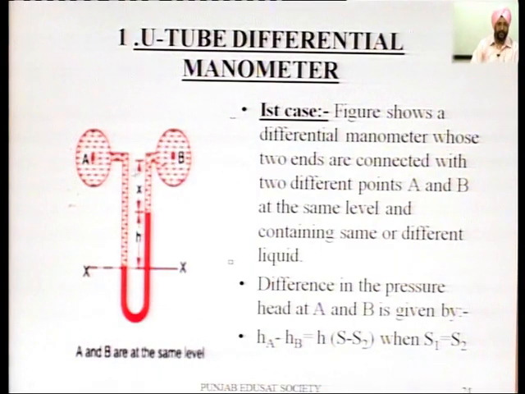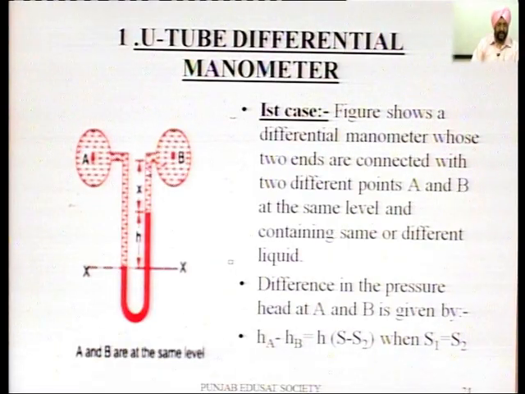In simple manometer, we have a tube and one part is open to the atmosphere. But here, in the case of differential manometers, we have two different points. One is A and there is B. And I'm interested to calculate the difference in the pressure of A and B, what I write here as HA minus HB.